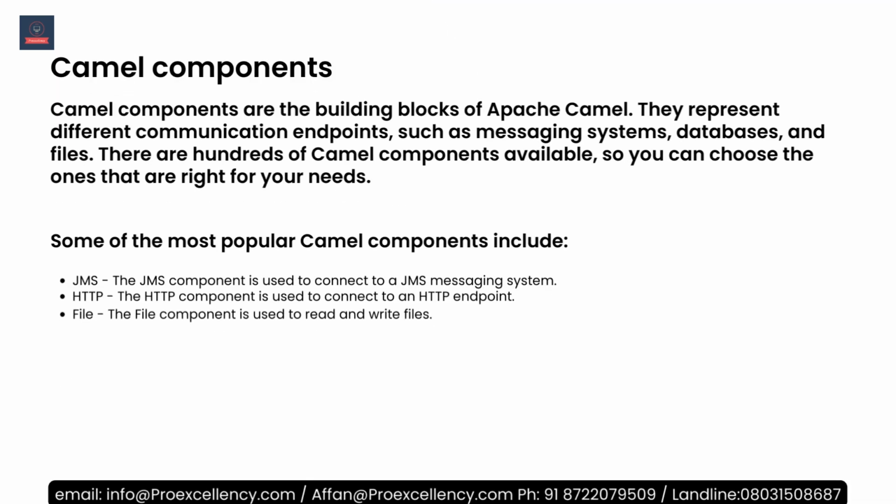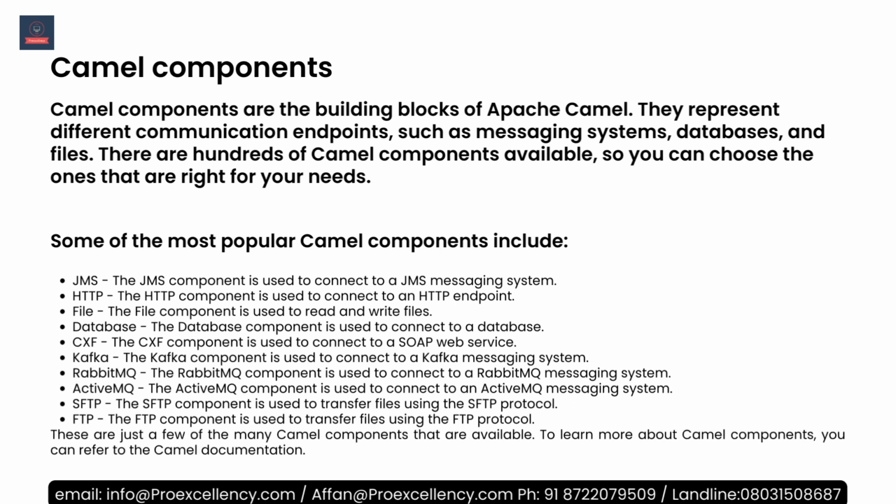Camel components. Camel components are the building blocks of Apache Camel. They represent different communication endpoints, such as messaging systems, databases, and files. There are hundreds of Camel components available, so you can choose the ones that are right for your needs. Some of the most popular Camel components include JMS.